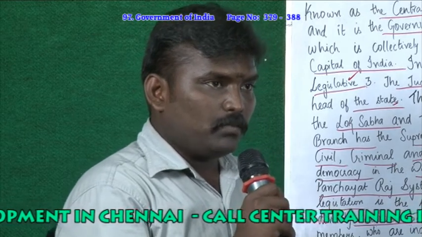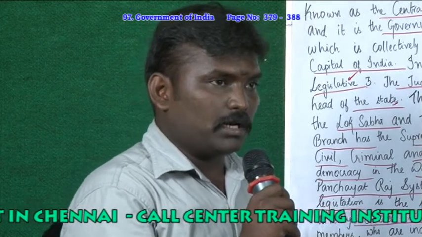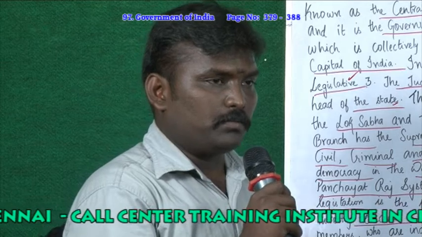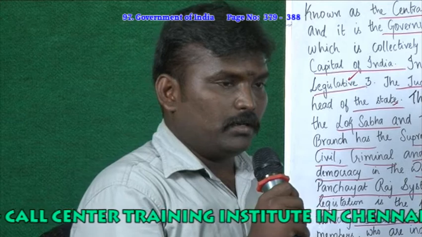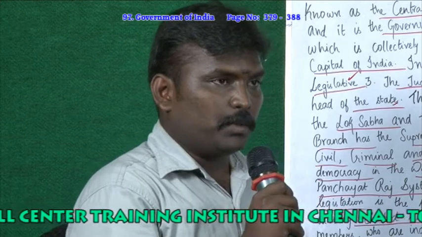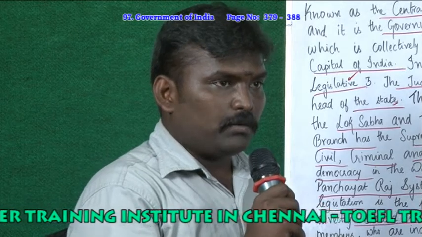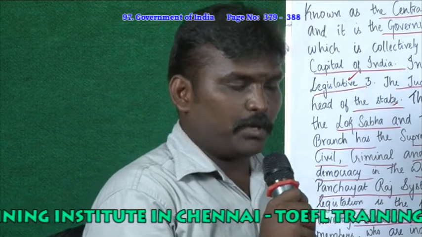One is the executive, which is governed by the president. The second is the legislative, whose members are the president, the Lok Sabha, known as the lower house, and the Rajya Sabha, known as the upper house.